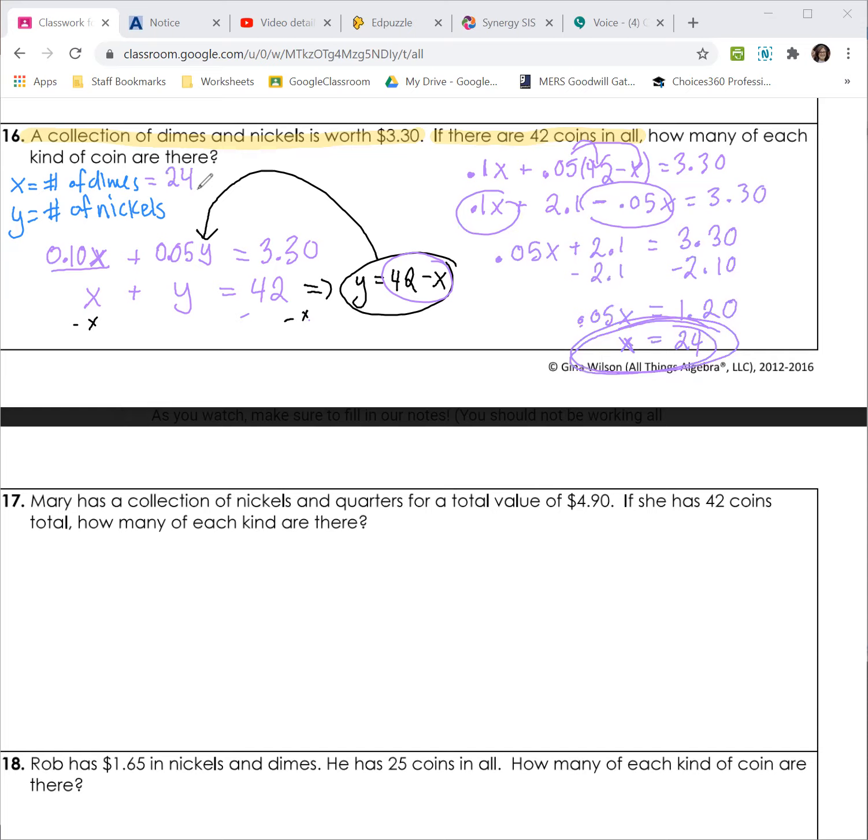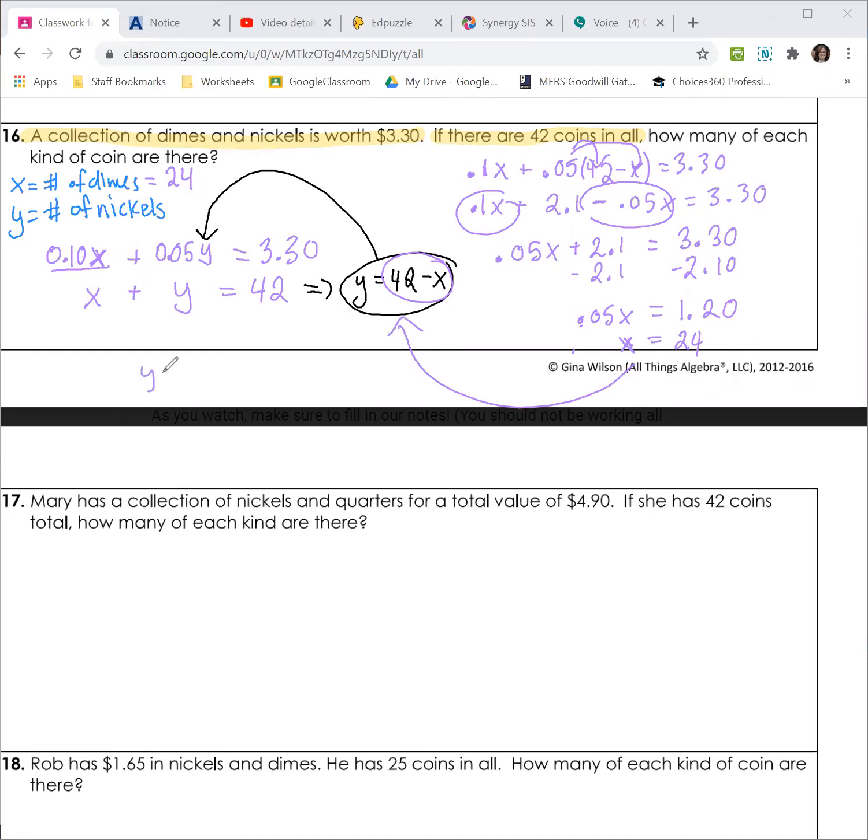And then how do I find my number of nickels? All I have to do is plug this into that equation. You could also use it in the revised equation too, y equals 42 minus x.